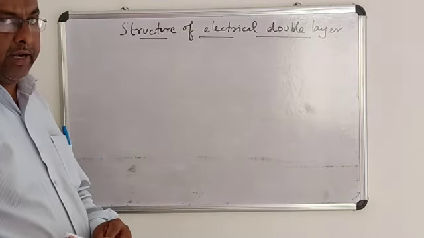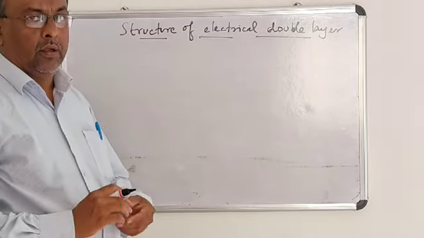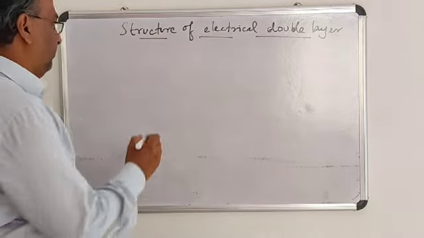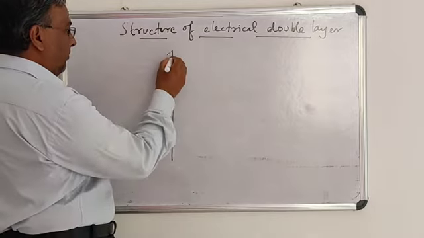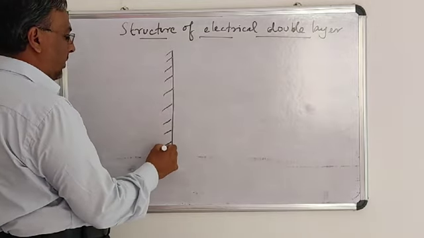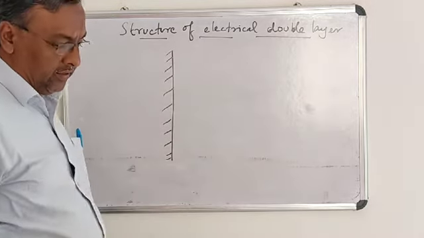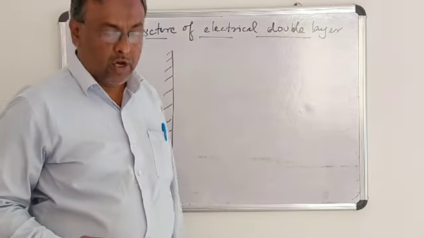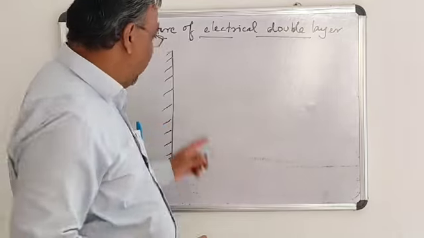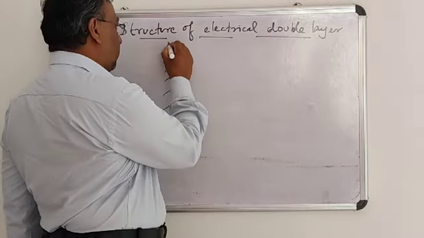The structure of the electrical double layer we have already studied: a metal electrode, which has a lattice of positive ions and free electrons.